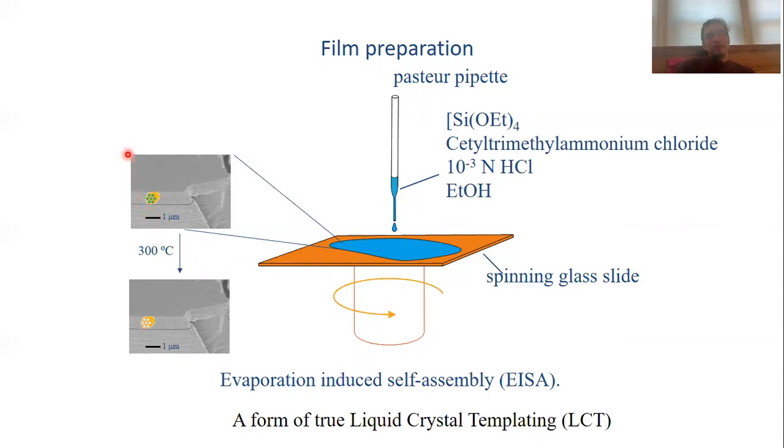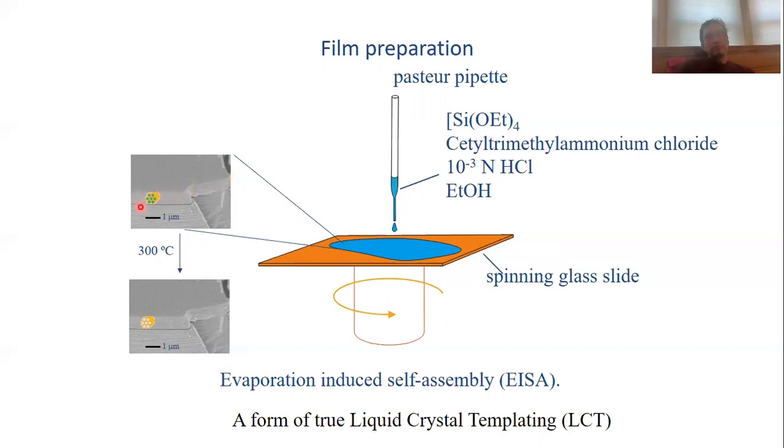You see here actually scanning electron microscopy images of the respective films. So this part here is actually the substrate. Sorry. And this part here is the periodic mesoporous silica film above the substrate.